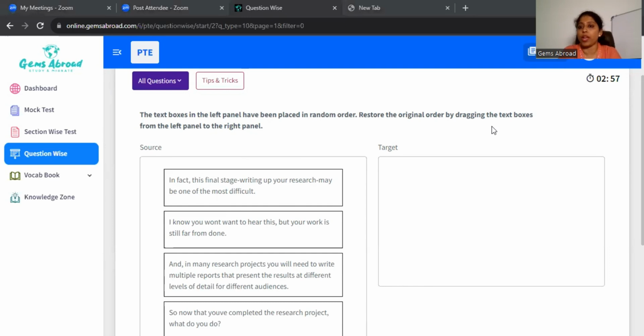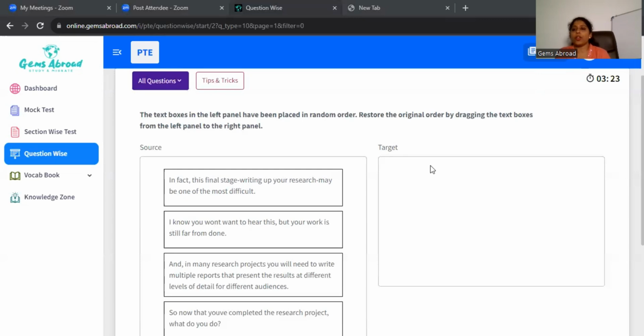Restore the original order by dragging the text boxes from the left panel to the right. Now, we will jump into the sentences. Drop the first sentence, followed by that, the next sentence, and explain the reasons for how to pair. Drag the sentences and pair them correctly to get 1 mark for each correct pairing.